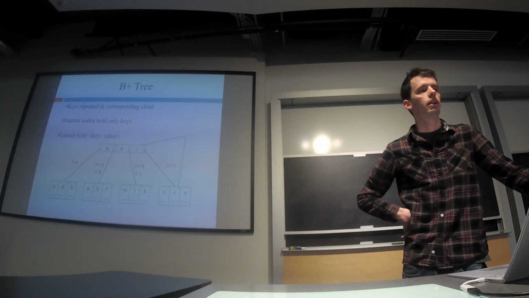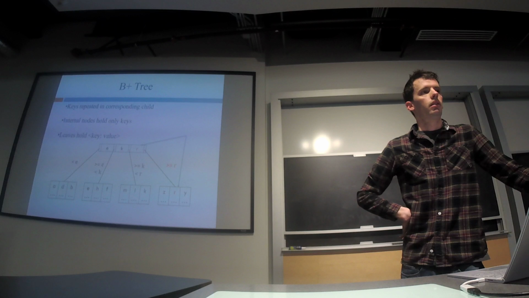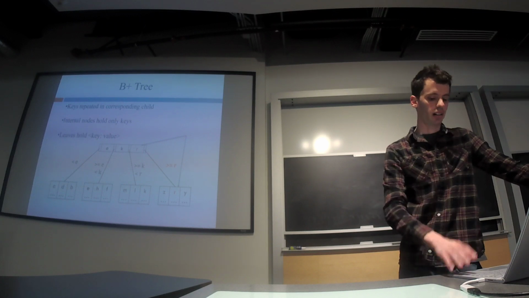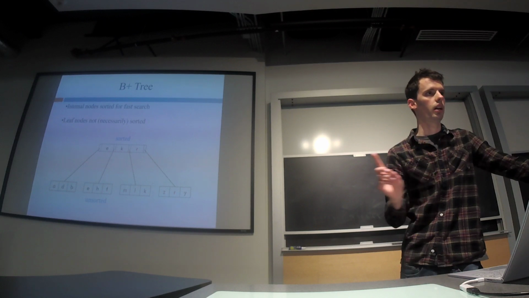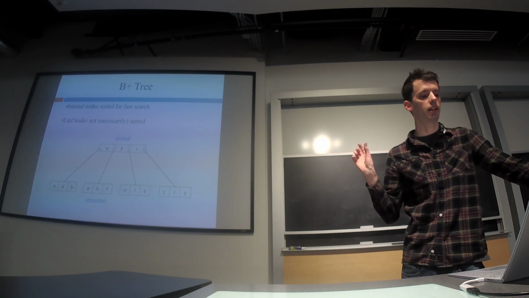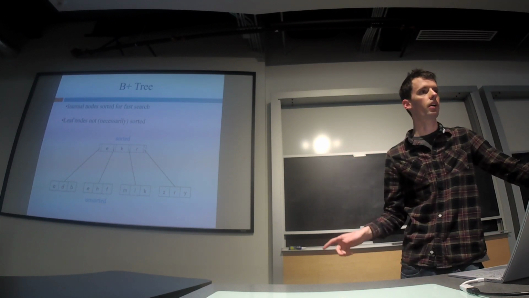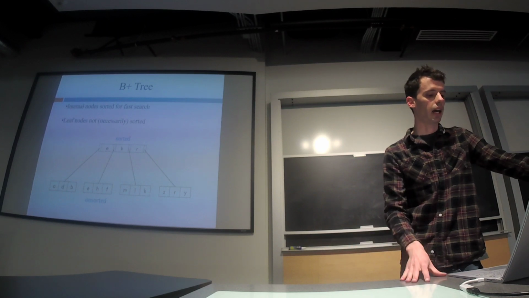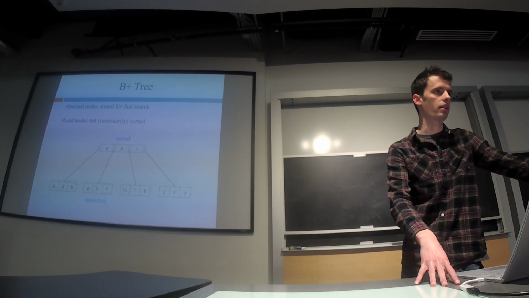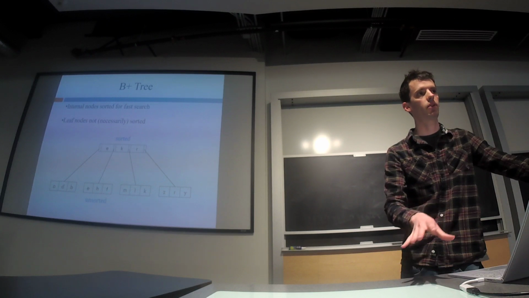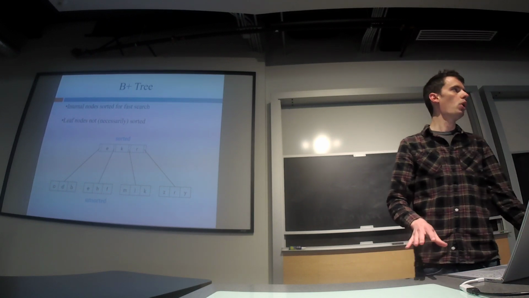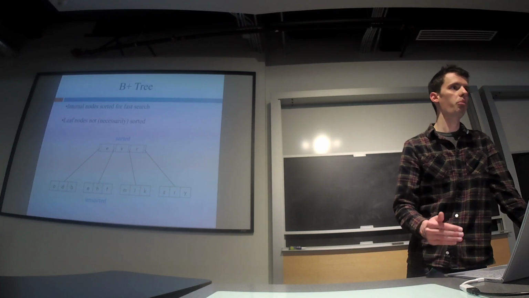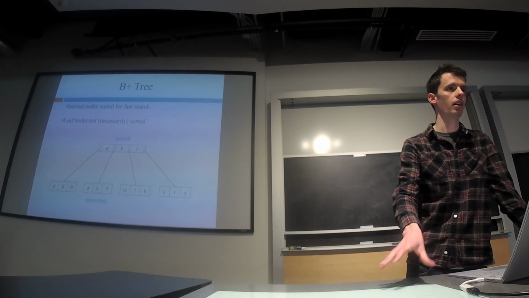Yes? Within the leaf node, does order matter? In the leaf node, does order matter? Excellent observation. So the way I've shown this diagram, the internal node is sorted, the leaf nodes are not. And so this is actually an implementation detail. You could make it so that leaf nodes are sorted, but turns out we won't sort them because that'll be a higher cost than leaving them unsorted.